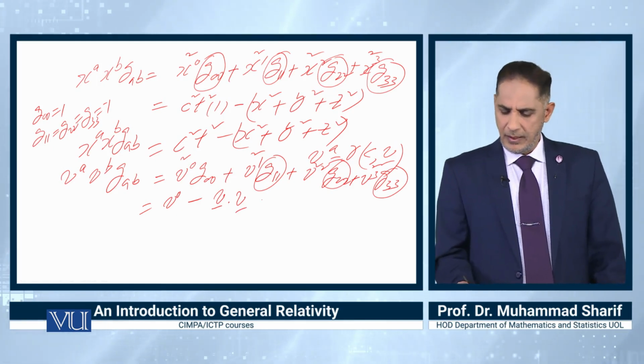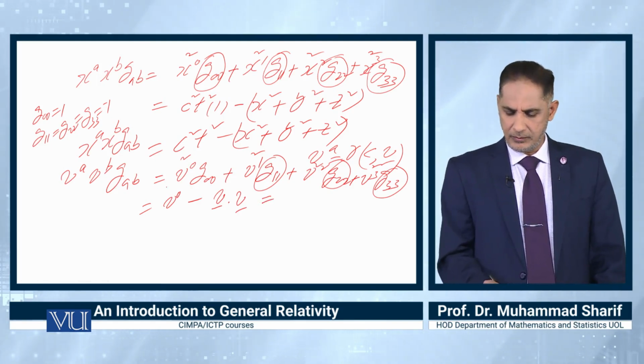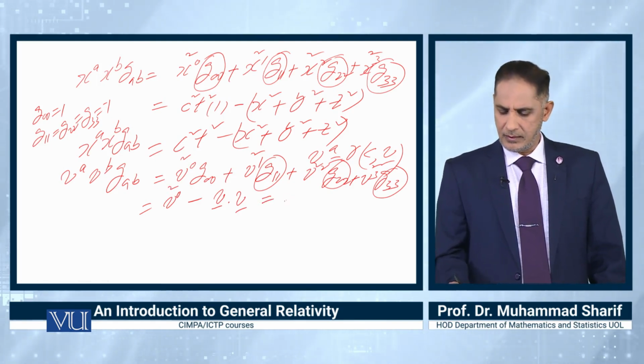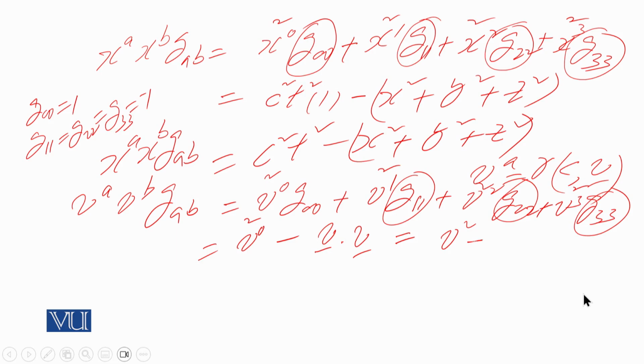So it means I can write, and v0 I know that this is gamma c, so I can write v0 square minus v dot v. So if I put in the values, v0 is gamma c, so gamma square c square minus gamma square v square.